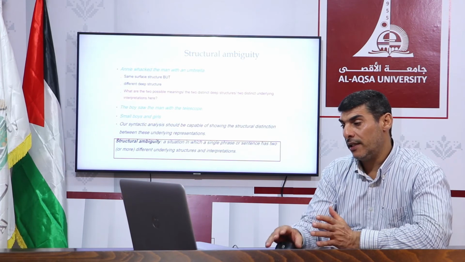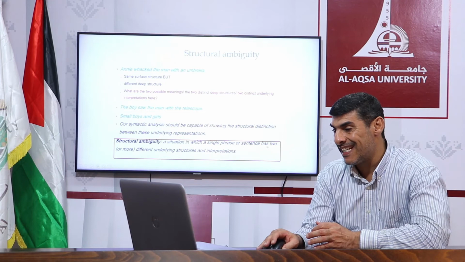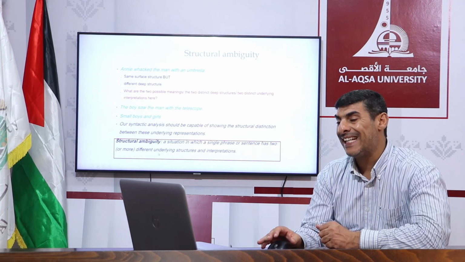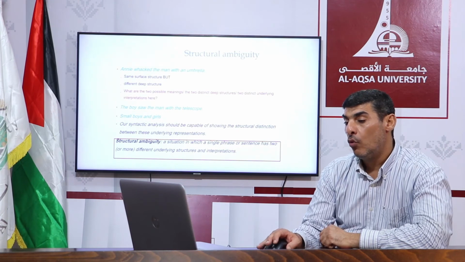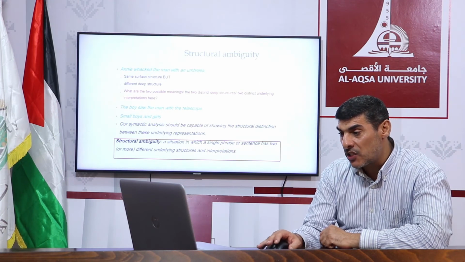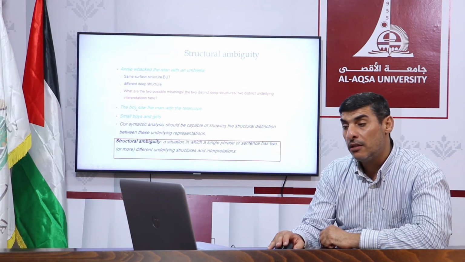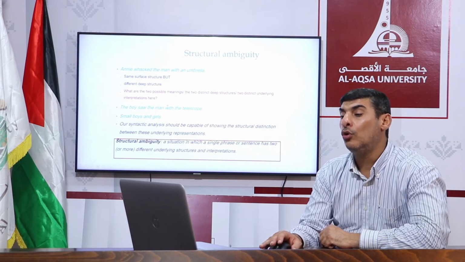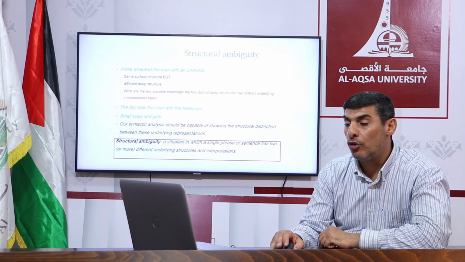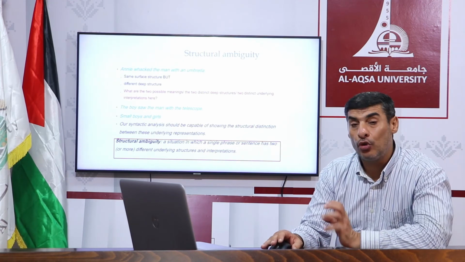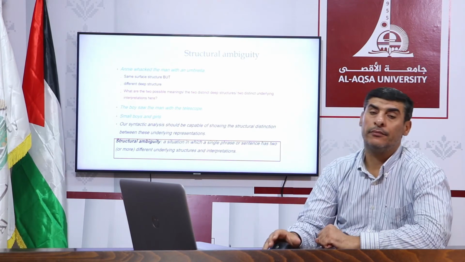Structural ambiguity: a situation in which a single phrase or sentence has two or more different underlying structures and interpretations. Why do we say different underlying structures? Because this could be the boy saw the man who had the telescope, or the boy used the telescope to see the man.